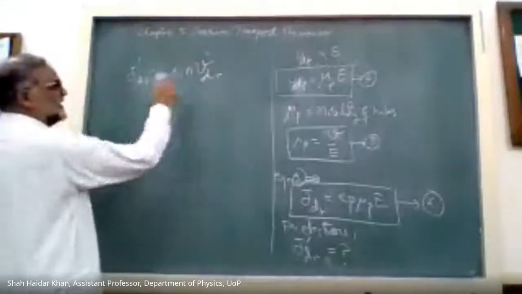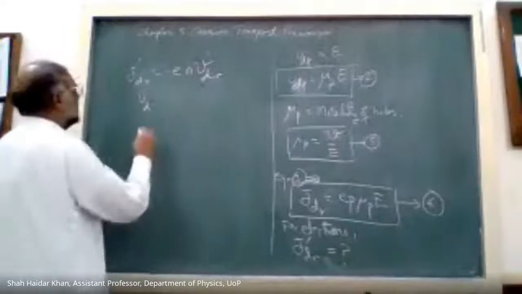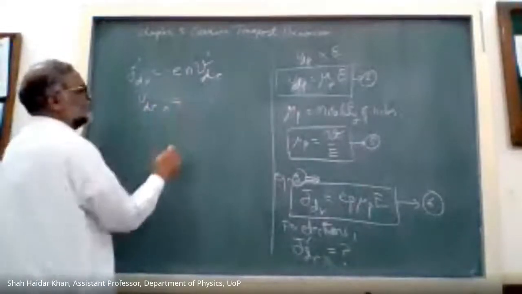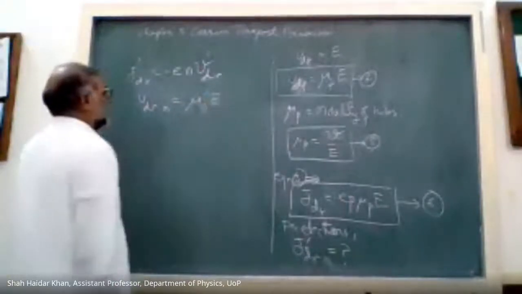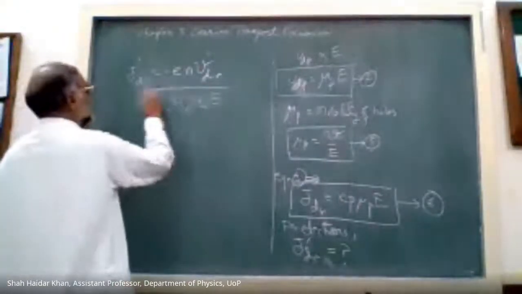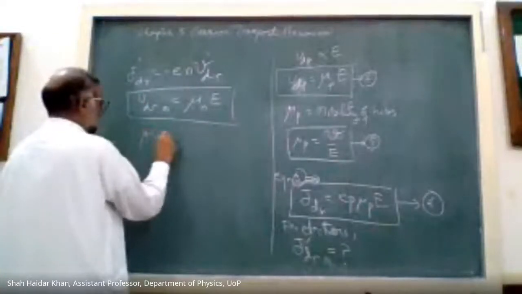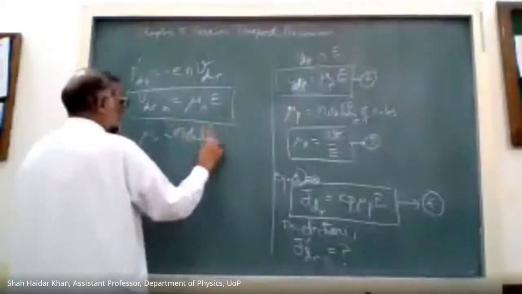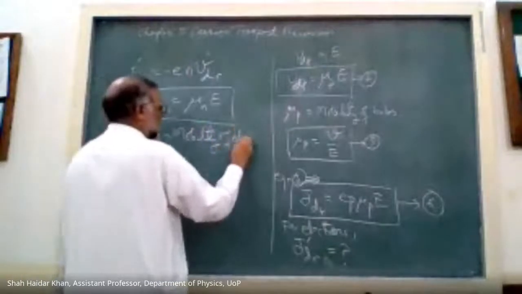Now, we can say that the v drift of electrons is equal to mu n into E. We will say mu n is equal to the mobility of electrons.